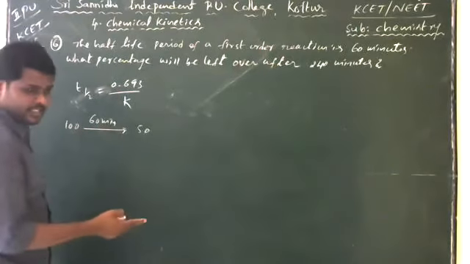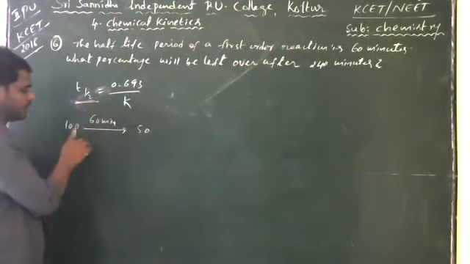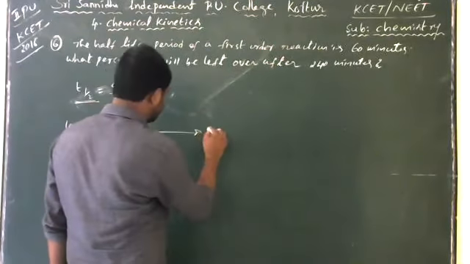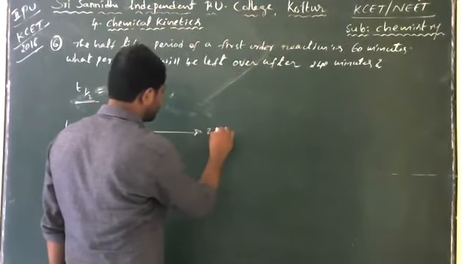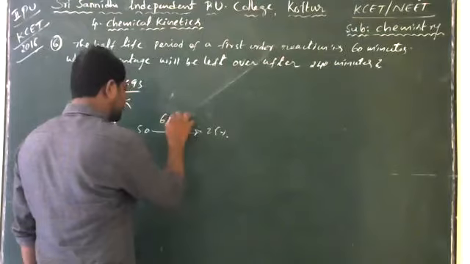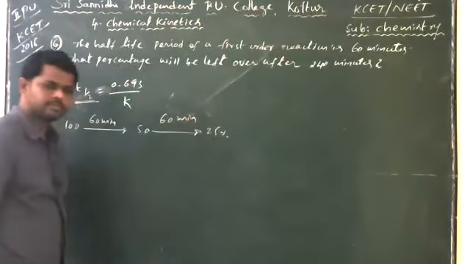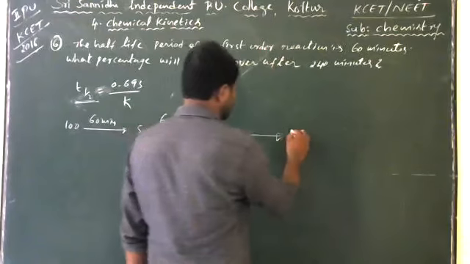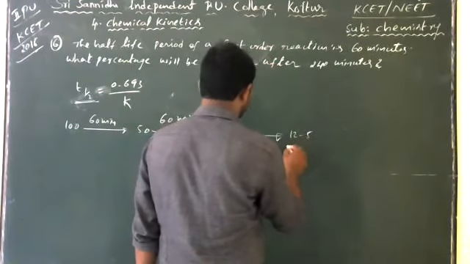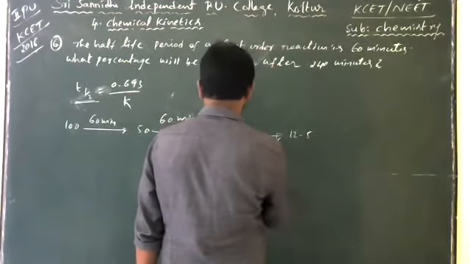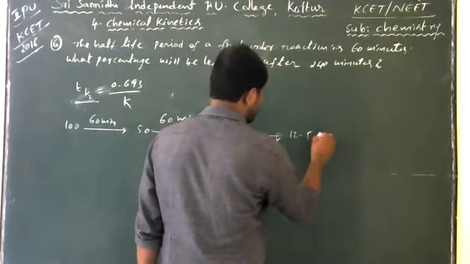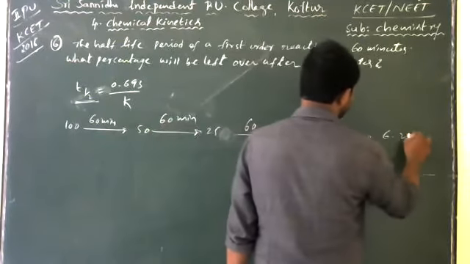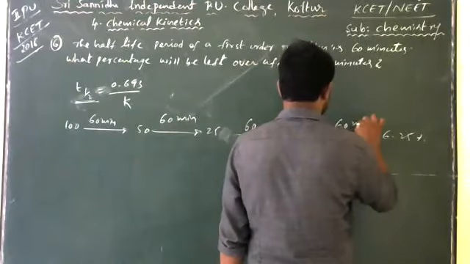Independent of initial concentration, the T half does not depend on the concentration. Now from 50 to 25% again takes 60 minutes. Next from 25% to 12.5% takes another 60 minutes, and 12.5% to 6.25% takes 60 minutes.